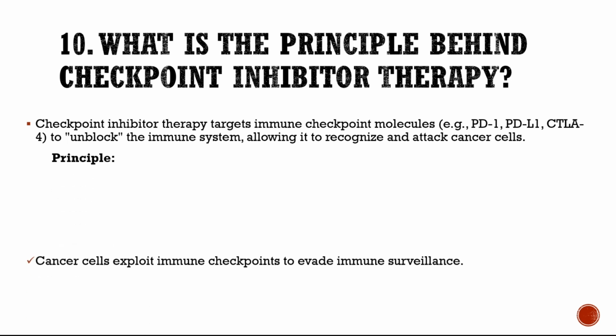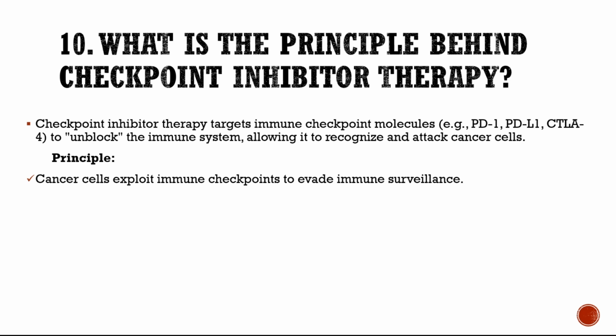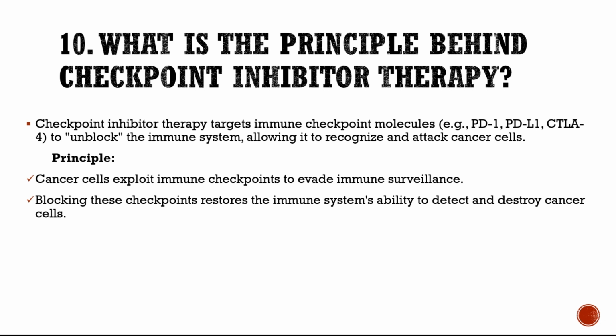Cancer cells exploit immune checkpoints to evade immune surveillance. Blocking these checkpoints restores the immune system's ability to detect and destroy cancer cells.